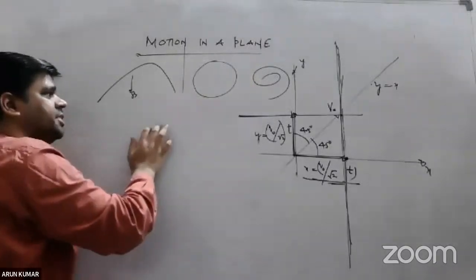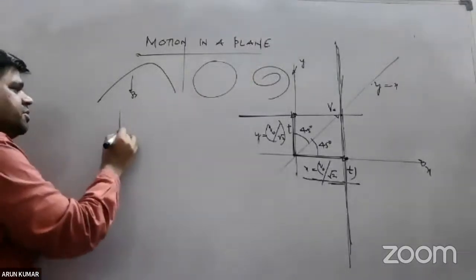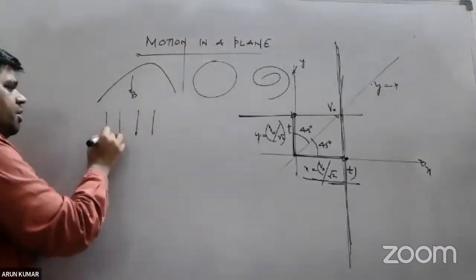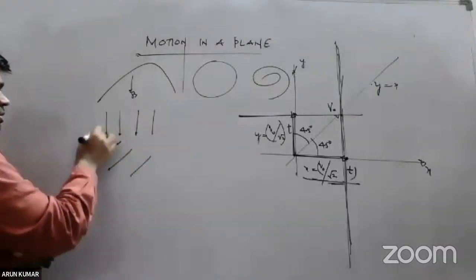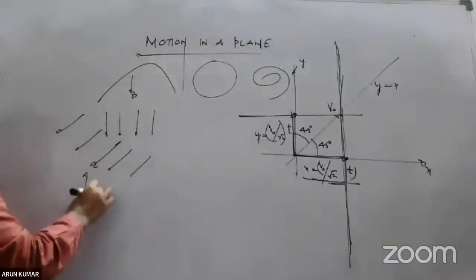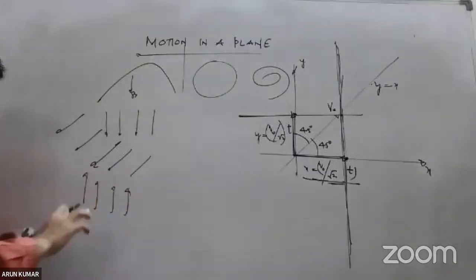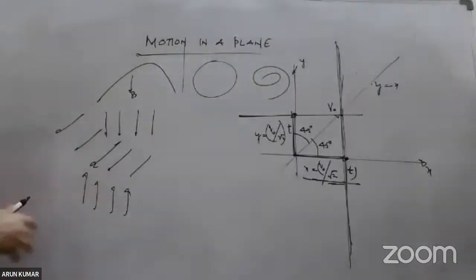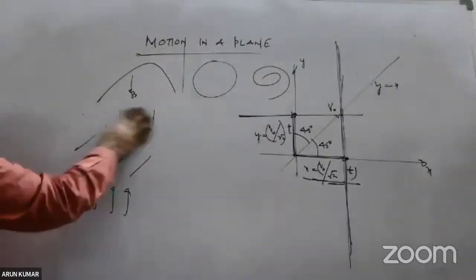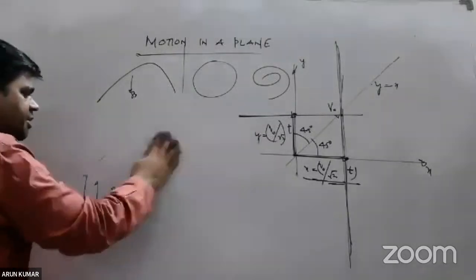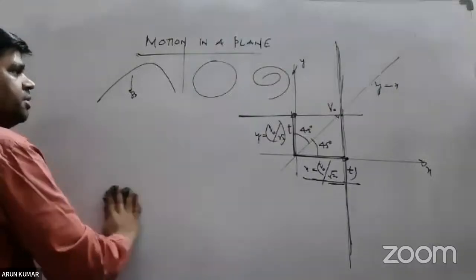But here it is constant acceleration. That means the acceleration is always downward, or always at a certain angle, upward or downward, but only a certain constant angle. That turns out to be a parabola. That's why I'm calling it parabolic motion, circular motion, and spiral motion.